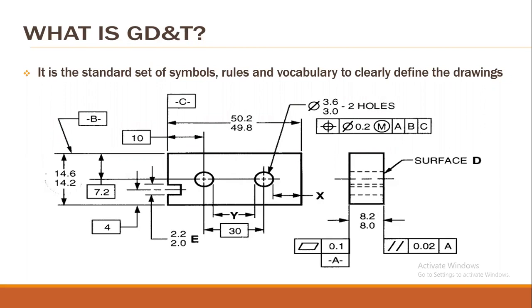Here we have to assign the proper datum. If you see this ABC, these are the datums. Then some tolerances, like 50.2 to 49.8. Then dimensions: you have to assign a particular location or an easily understandable point.